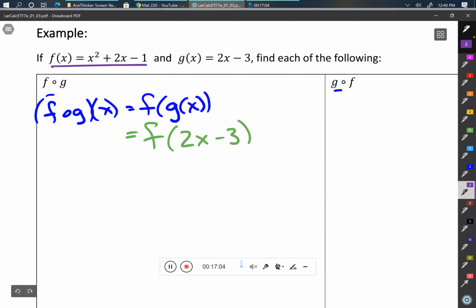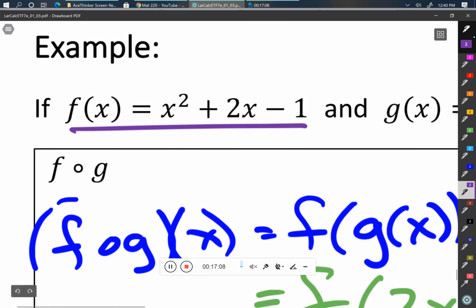And what does this say to do? Well, this language says that whatever your input is, in this case x, whatever's in the parentheses needs to get squared, multiplied by 2, and have 1 subtracted from it.